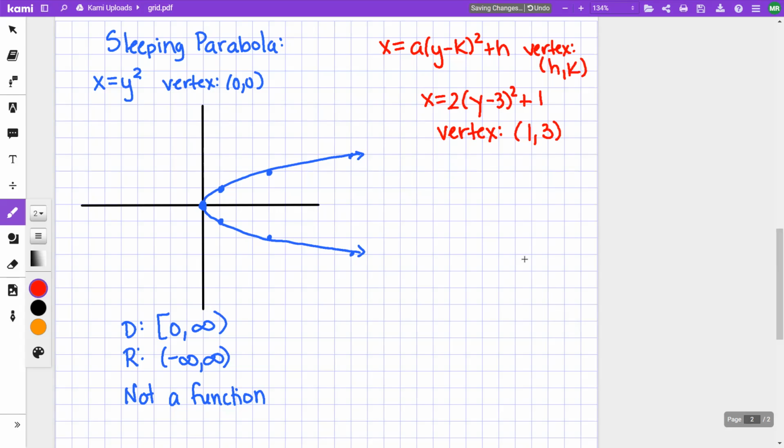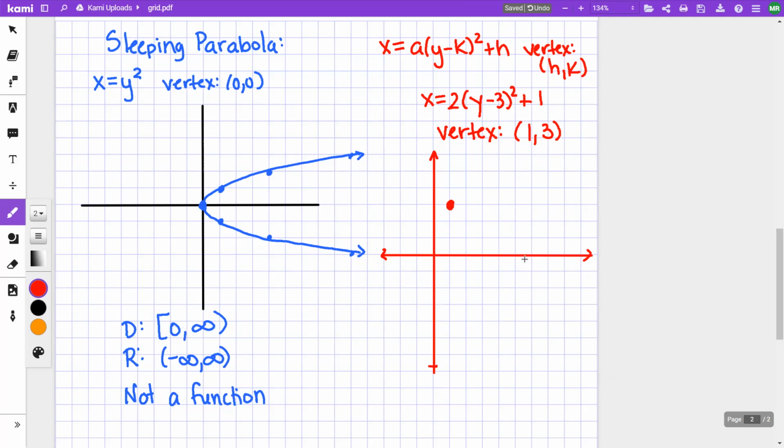And so I'm going to go to 1 comma 3. Let me just draw this out here. And what I'm going to do is have a vertex at 1 comma 3.